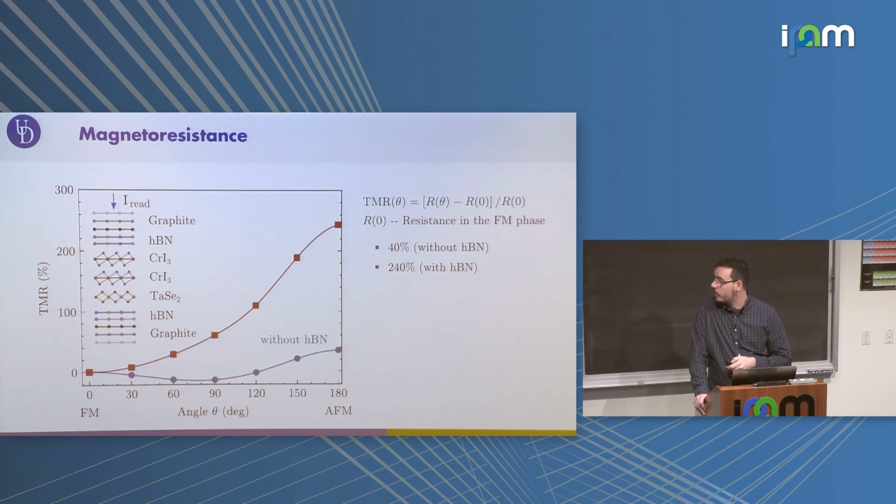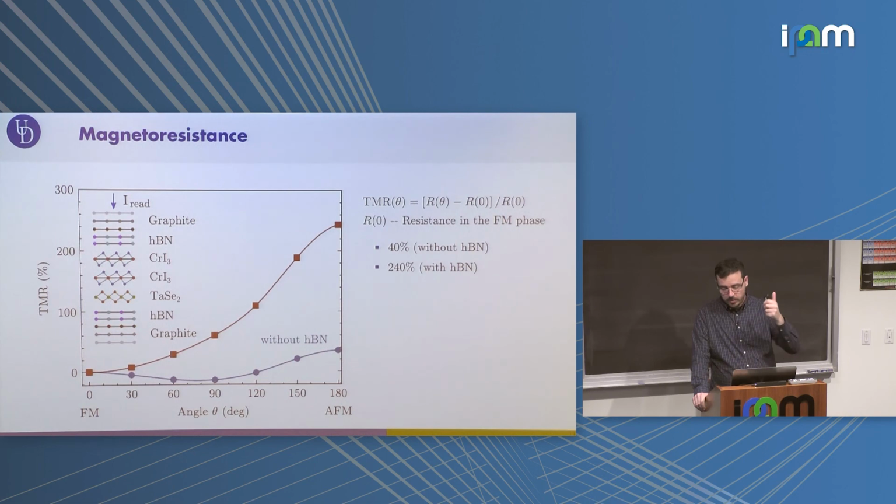Basically, we wanted to know the difference between transmissions, or in this case resistance, when you have magnetic moments pointing up-up and up-down. So this is a relative change in the resistance here. The theta is the angle between the two magnetic moments.